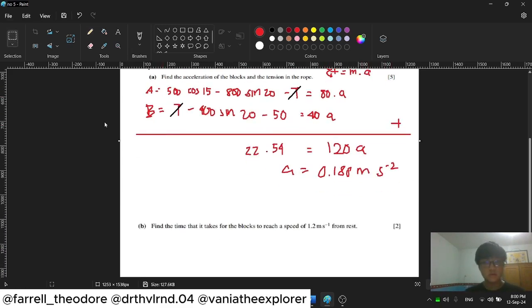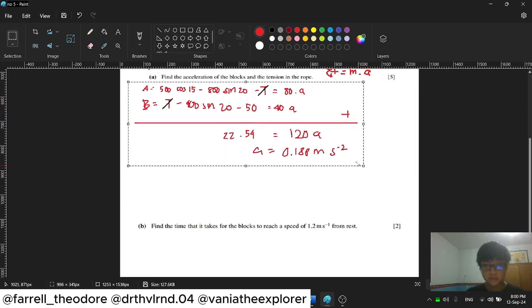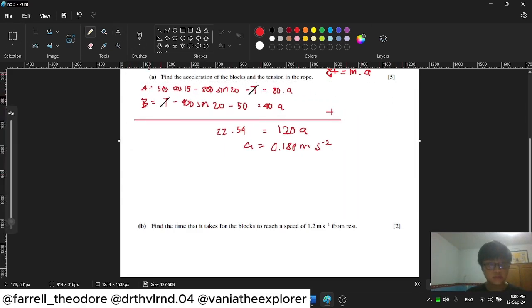Next, we can use one of these formulas that we've already made to find tension. I will be using the second formula because it has less trigonometry. T minus 400 sine 20 minus 50 is equal to 40 times 0.188 from acceleration.